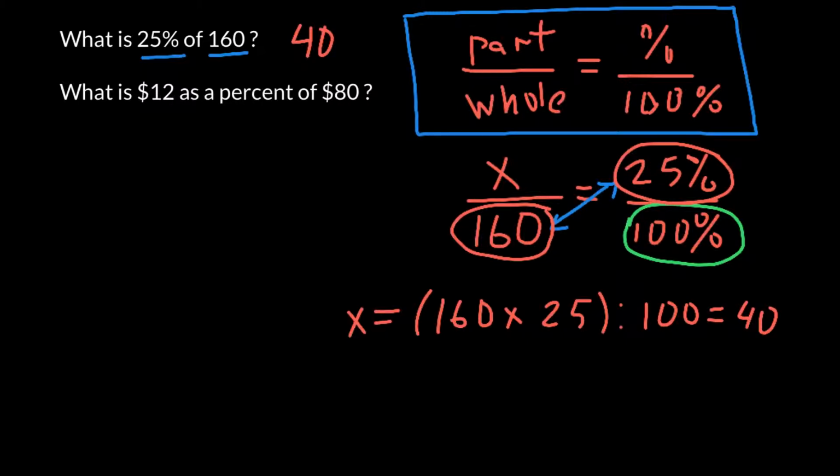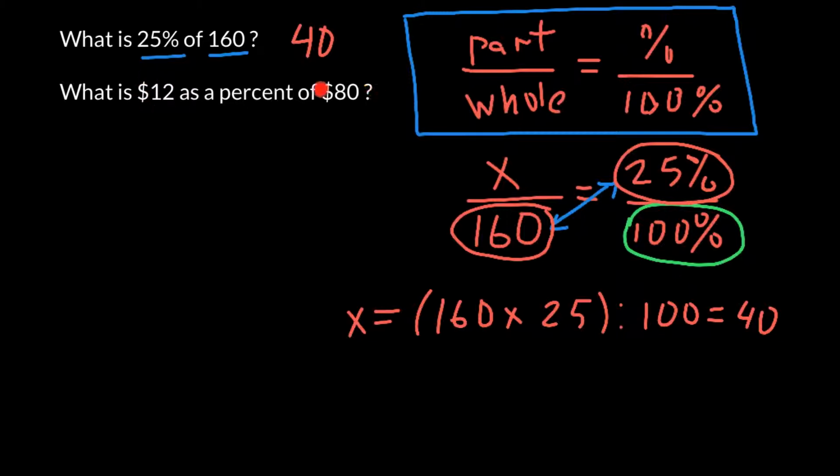And let's find an answer for the second question. We have dollars here, but of course on your exam or in your laboratory class you would have chemicals. So what is $12 as percent of $80? So again, let's pay attention to our formula here.